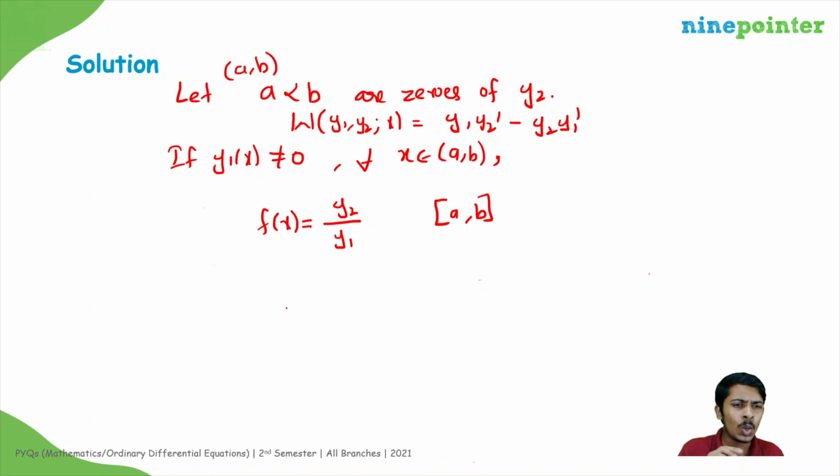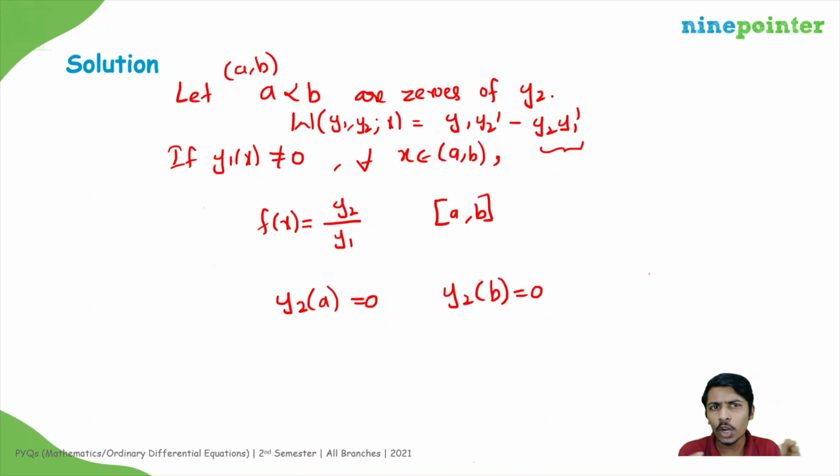So we already know that y1 is a solution that is 0 at a. That means y2 of a is equal to 0, and similarly y2 of b is equal to 0, which means the second term of the Wronskian will be equal to 0. But we cannot have the entire Wronskian being 0 because y1 and y2 are linearly independent.